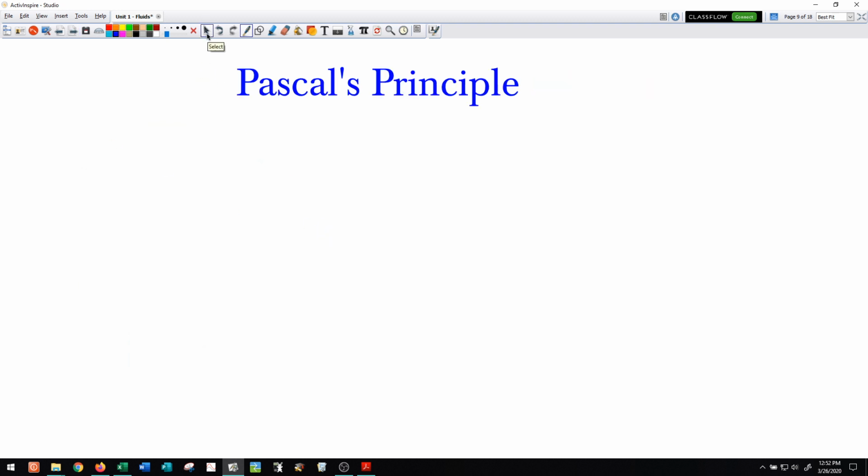Now, one other thing that we talked about is something called Pascal's principle. And Pascal's principle just says that the fluid, as long as it's a liquid, can't compress.